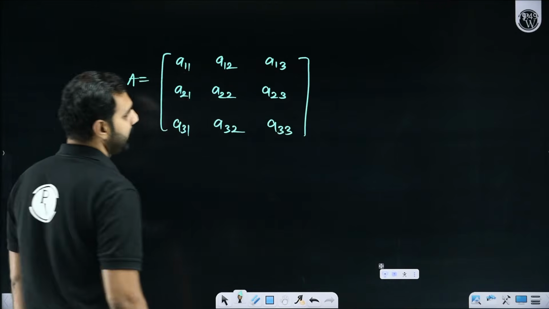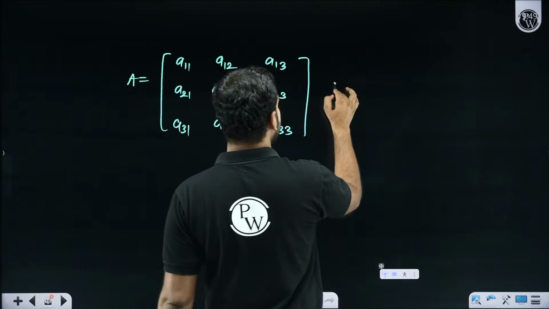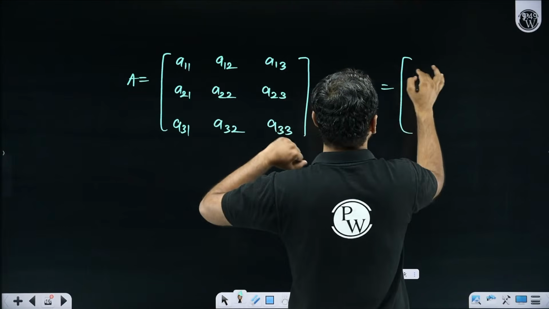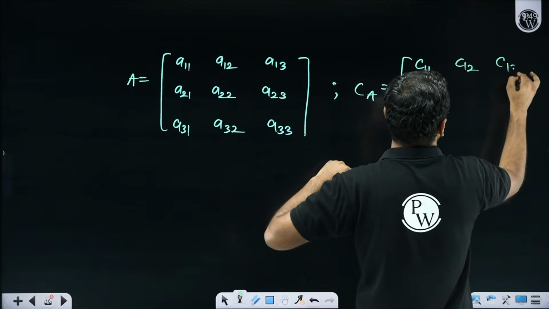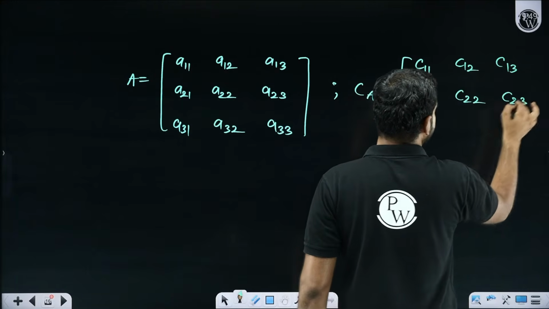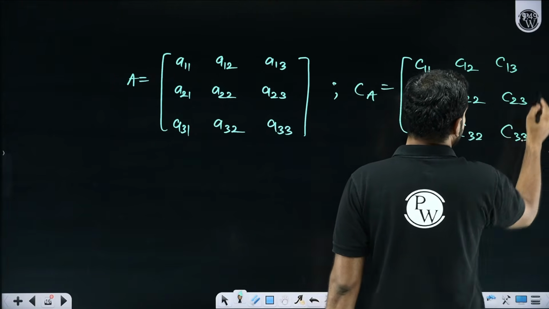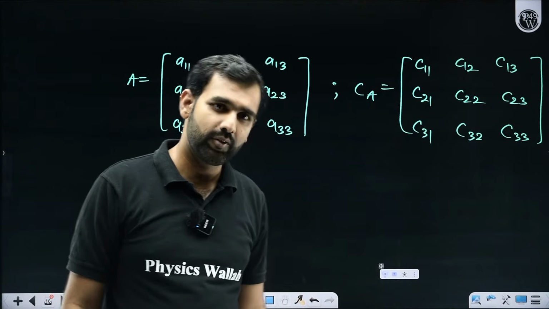Then I'm finding the cofactor of A. So cofactor of A, I'm denoting by CA, which has elements as C11, C12, C13, C21, C22, C23, then C31, C32 and C33, where A11 has cofactor C11, A12 has cofactor C12, and so on. Everybody understood the cofactor part, or shall I re-explain that?